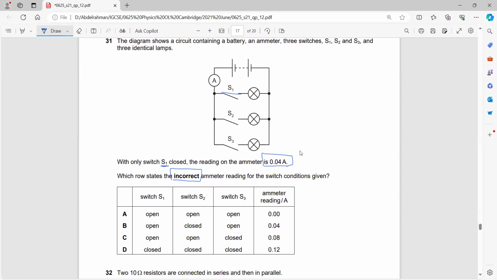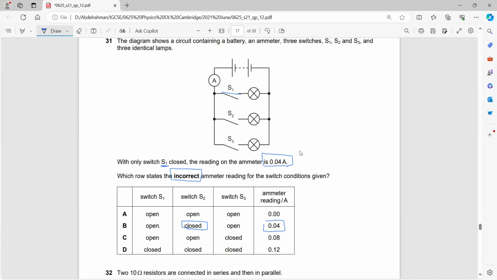Someone is saying B, someone is saying C. Let's check them out. For example, B: if switch S1 is open, S2 is closed, and S3 is open, the ammeter reading would remain 0.04. Yes, this is correct, because you only have one closed switch.